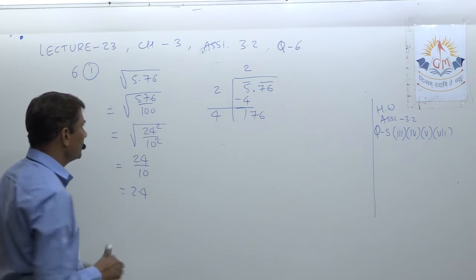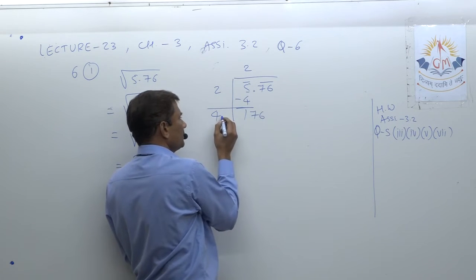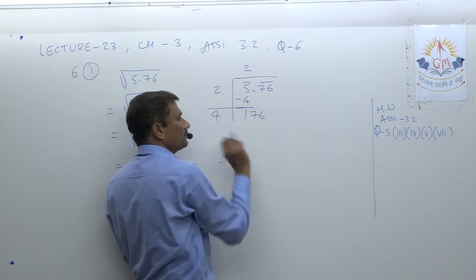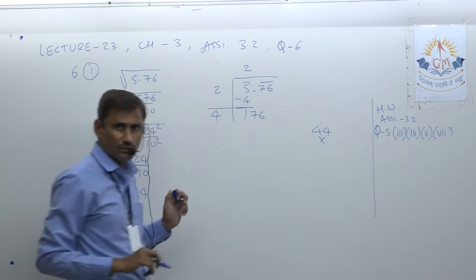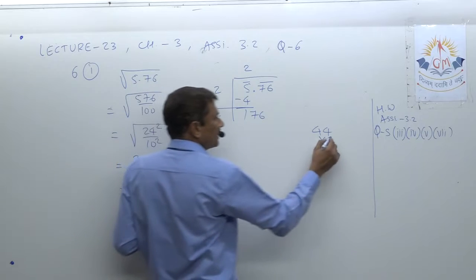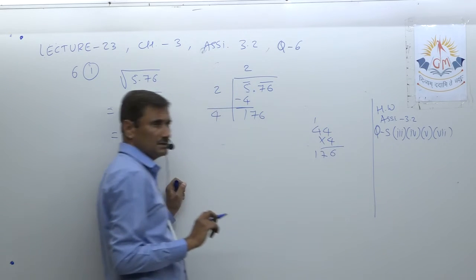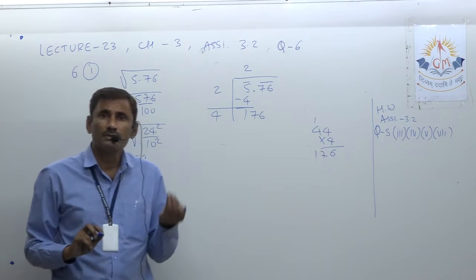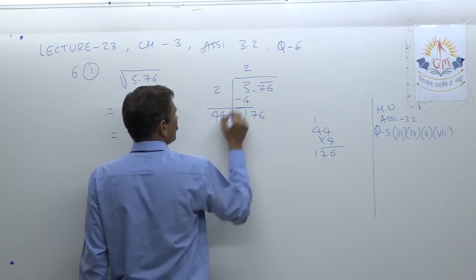So I am trying to multiply 44 4s, meaning I put 4 here and also 4 here, so it is 44 4s. If not possible, then I will look for 6 also, 46 6s. So it is 4 4s 16, 1, 4 4s 16, 176. I got it. Otherwise I will check for 46 6s also.